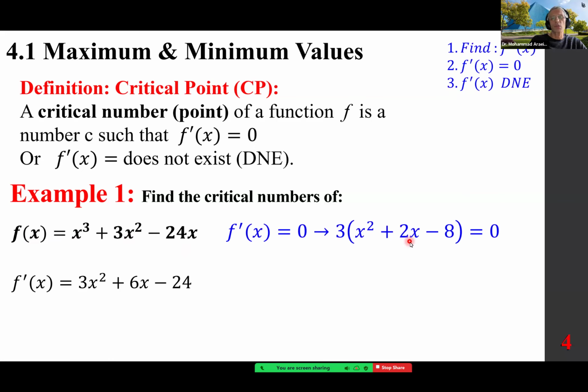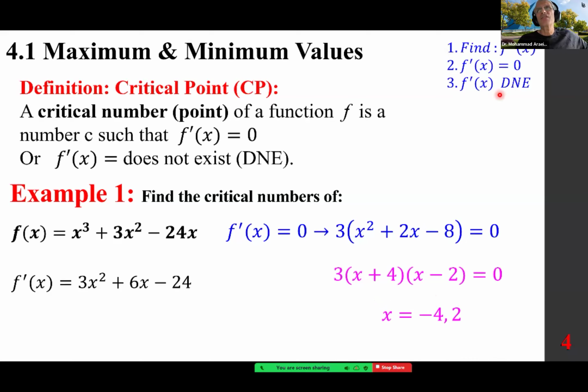So we get 3 times x squared plus 2x minus 8 equals 0. And then we want two numbers, the product is negative 8, the sum is 2, positive 4 and negative 2. So x is either negative 4 or positive 2. Those are the critical points. In this case, f prime of x does not exist, doesn't produce any solution, because f prime itself is a polynomial of degree 2.